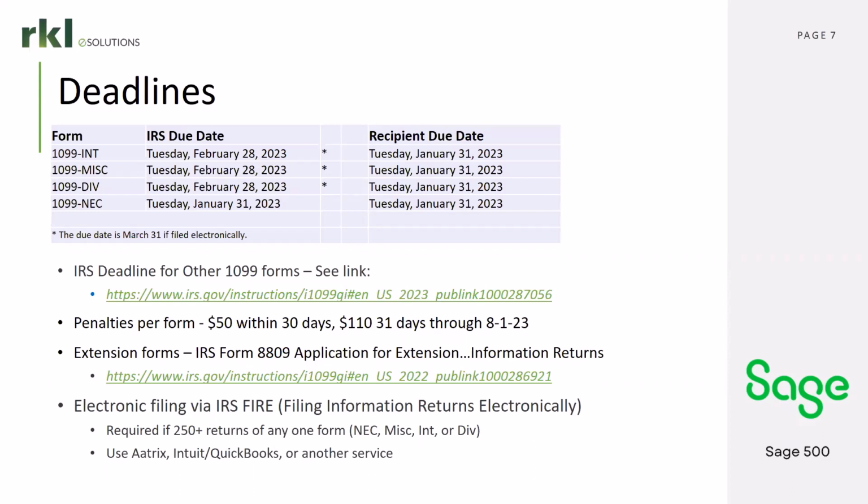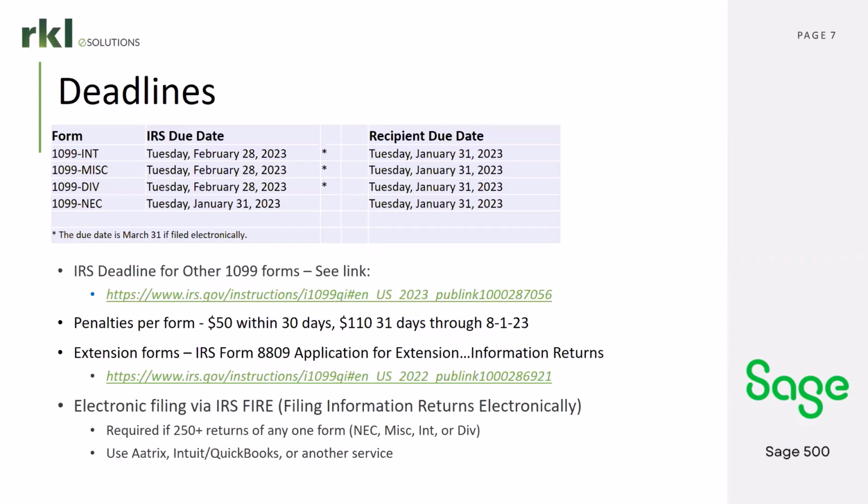And then the recipient due date for all of these four forms, January 31st. Now, there's a link here for deadlines to get more information on any of those deadlines or some other form you might have an interest or need to know about.